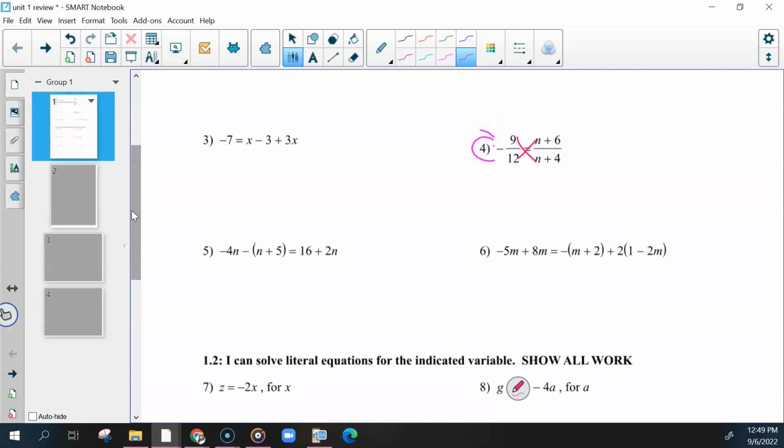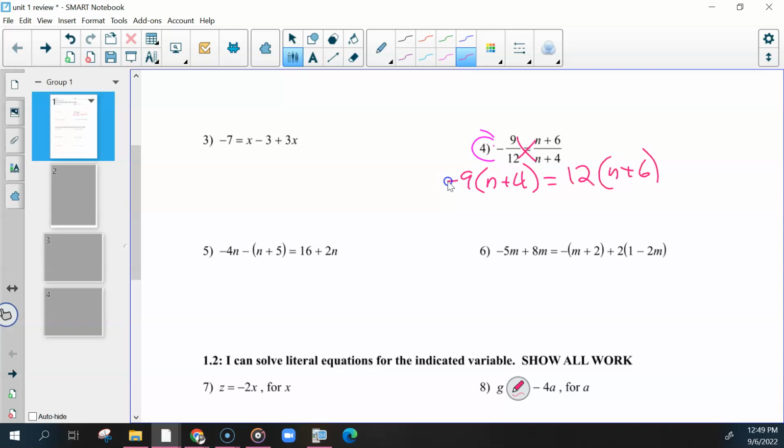Because this is negative, we're not going to put the negative with both numbers. Pick one of them, put the negative with it. Doesn't need to go with both. So if I do negative 9 times n plus 4, set that equal to 12 times n plus 6.